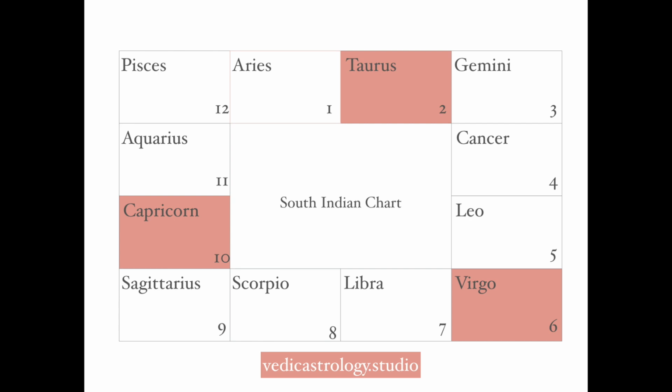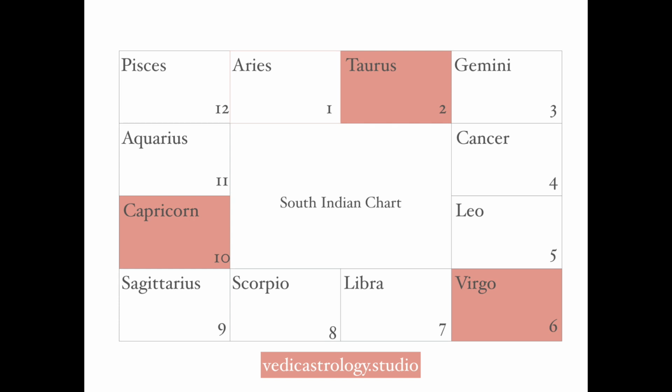The next signs are earth signs, and that's Taurus, Virgo, and Capricorn. And the earth signs tend to be very pragmatic and practical people. They tend to be focused on being organized, and they know how to have their feet firm on the ground in a material sense, in the outer world.